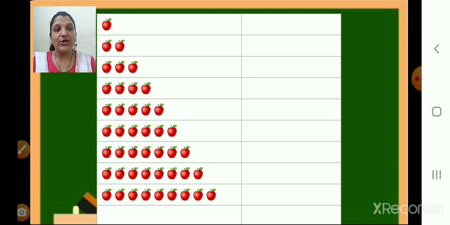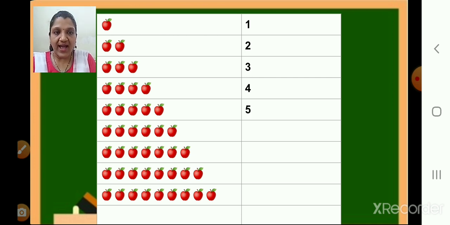Look, what do you see? These are few apples. Now let us start counting apples. In the first row we see 1 apple. Next 2 apples. Next 3 apples. 4 apples.